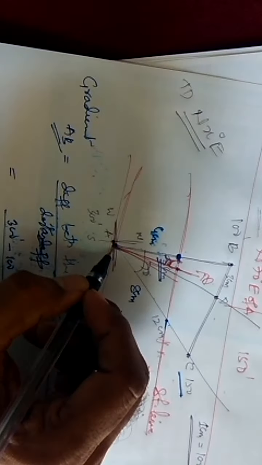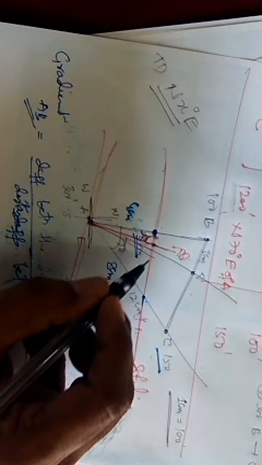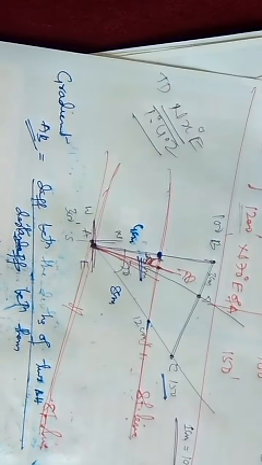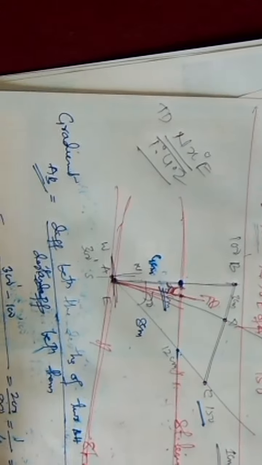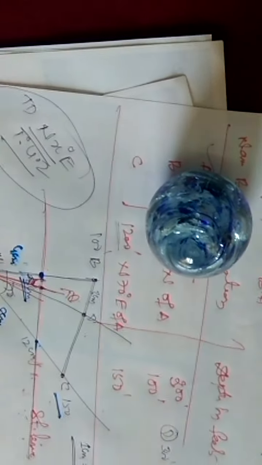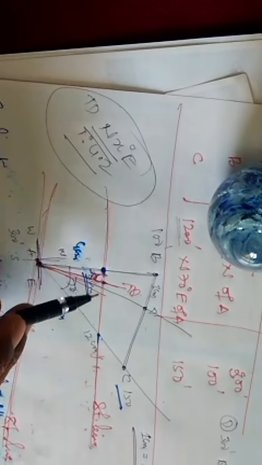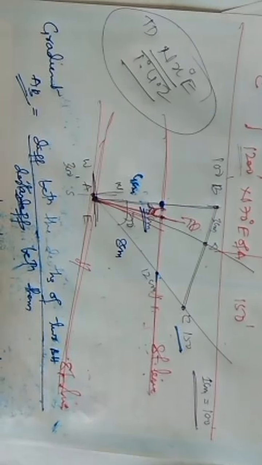It may be 4 or 4.2 centimeter from this point A to this line, and you write the amount is 4.2 or 4.3, however much you get. You write, friends. So this is the first step. I have found out the attitude of the bed. We have calculated here the attitude of the bed. It is the true dip direction as well as the amount. And later I have to trace out the depth of the fourth proposed borehole.